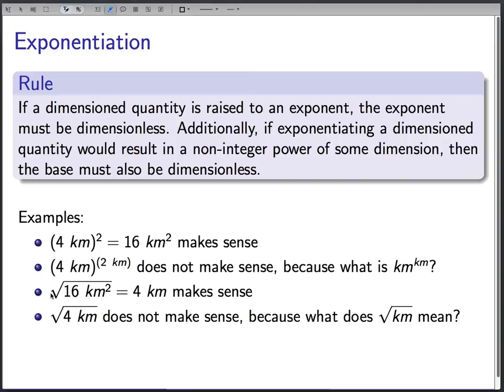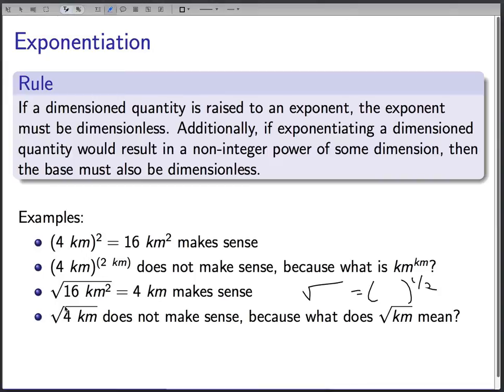Okay, here's another example. Square root, you can remember, is an exponentiation. Square root is the same as something to the 1/2 power. So if I ask what's 16 square kilometers to the 1/2 power, you take the square root of everything. Square root of 16 is 4. Square root of kilometers squared is kilometers. That makes sense. 4 kilometers makes sense.